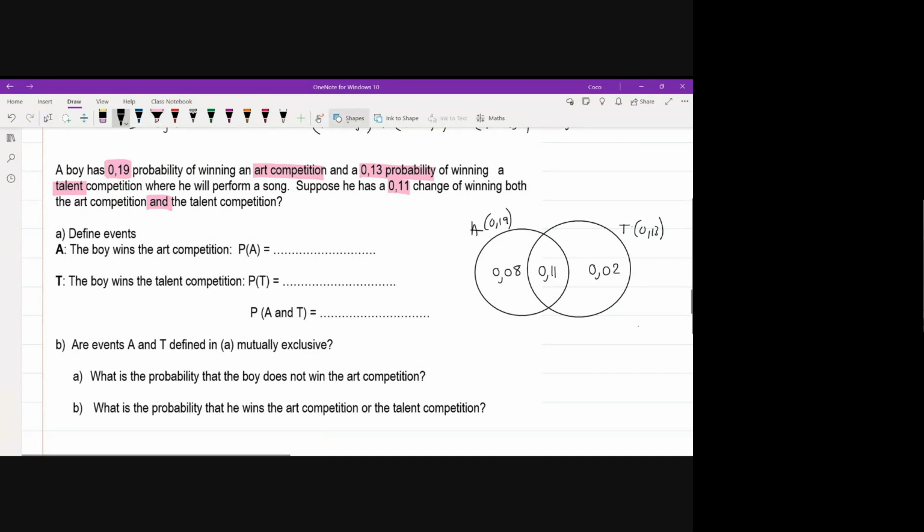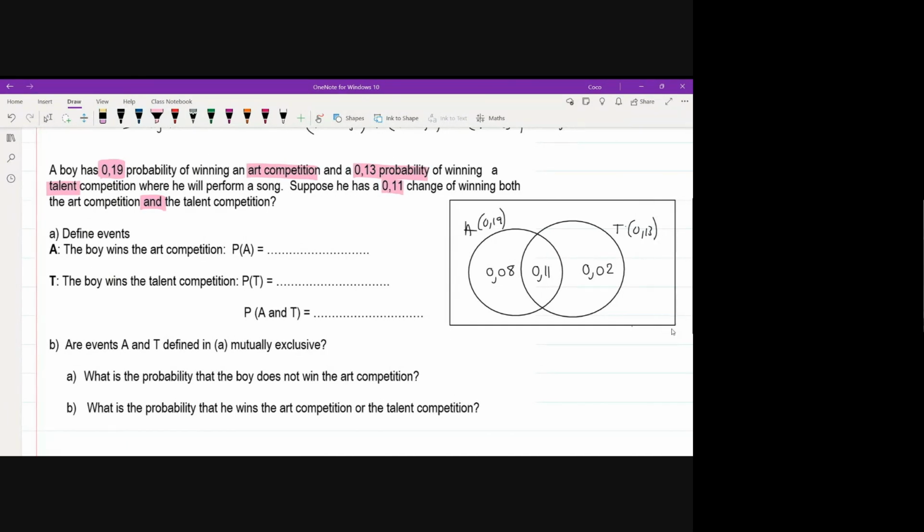Now let's add all of this up together and make sure that our probability altogether adds up to 1. If I add everything over here, 0.08 plus 0.11 plus 0.02, that gives me 0.21.